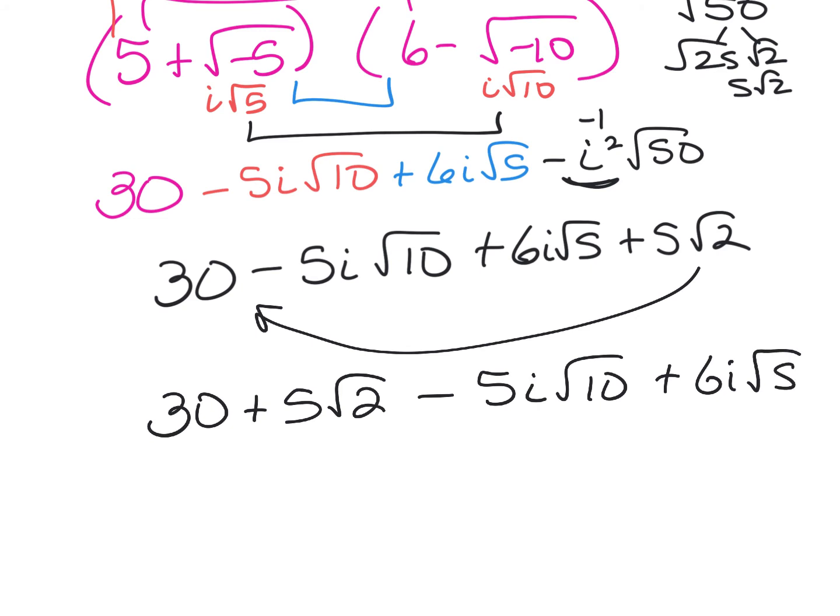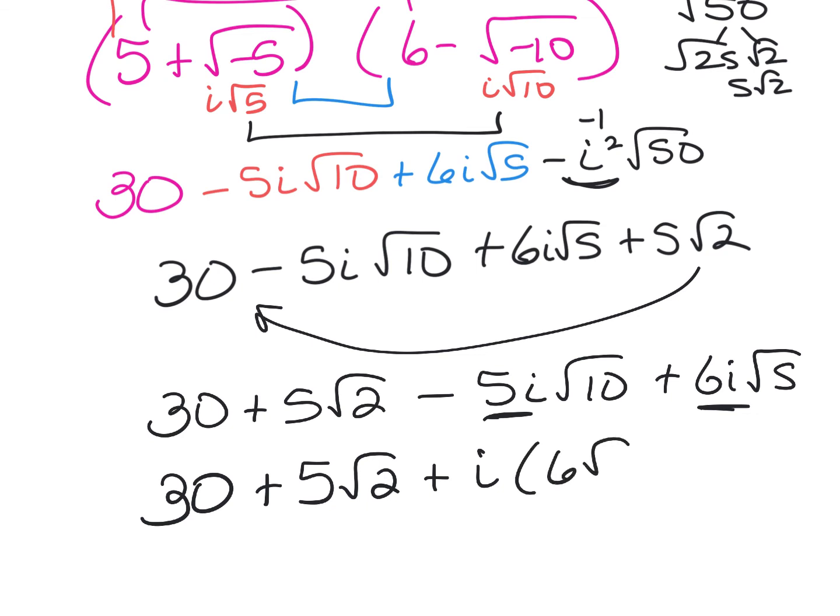But then what they did was they factored out an I out of these. So the way that they had the answer written, 5 radical 2, let me fix that, is they had plus I, and they put the 6 first. 6 radical 5 plus, no, minus 5 radical 10.